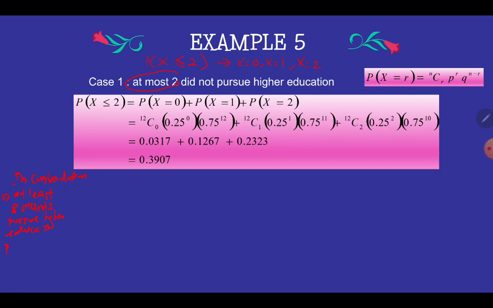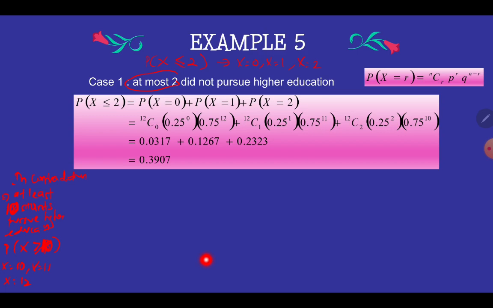So in which we are saying that when we talk about at least, it must be greater than or equals to 10, because we are talking about 12 students. So what number included in x greater than or equals to 10? So we talk about when x equals to 10, x equals to 11, and x equals to 12.